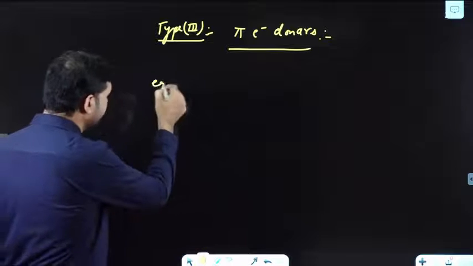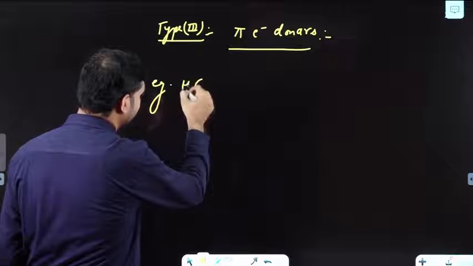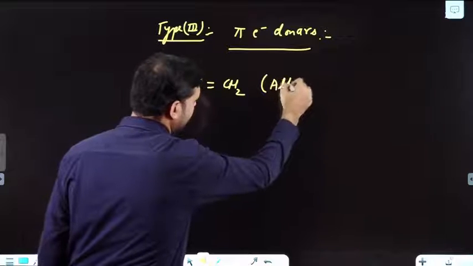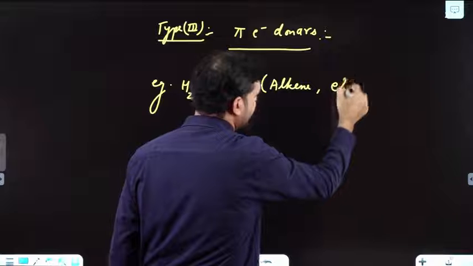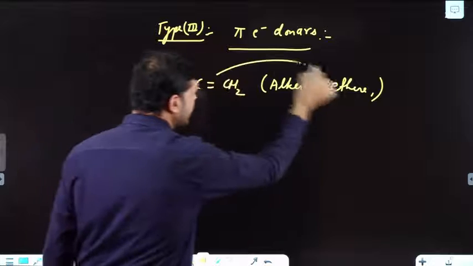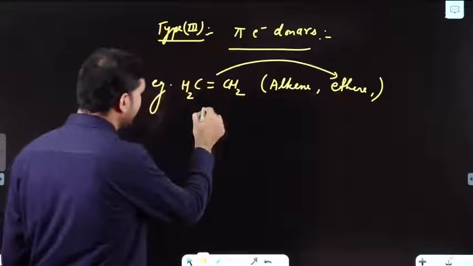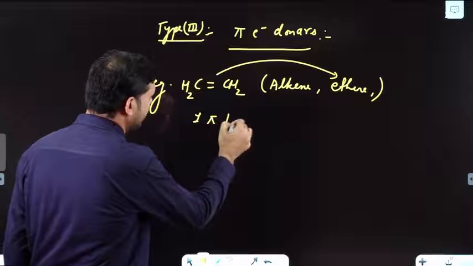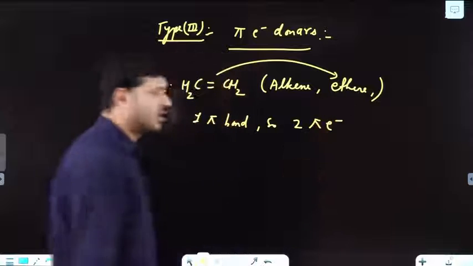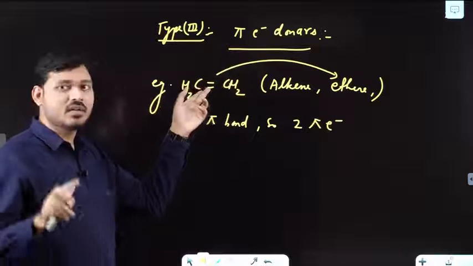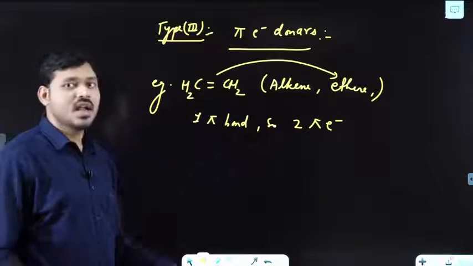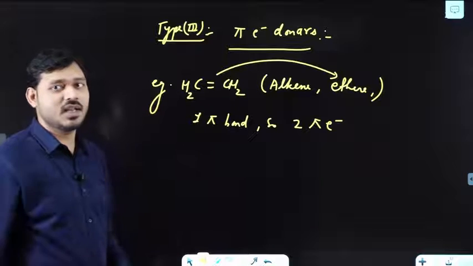For example, alkene, better to say ethene, this one. Okay, this is your ethene, right? So alkenes having one pi bond, so 2 pi electrons. That pi bond is having 2 electrons, so they are called pi bonded electrons. So 2 pi electrons, and that is available to be donated to any electrophile.